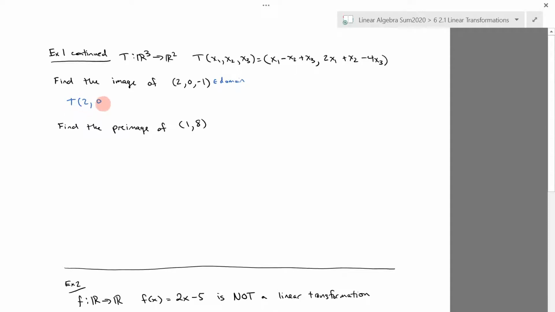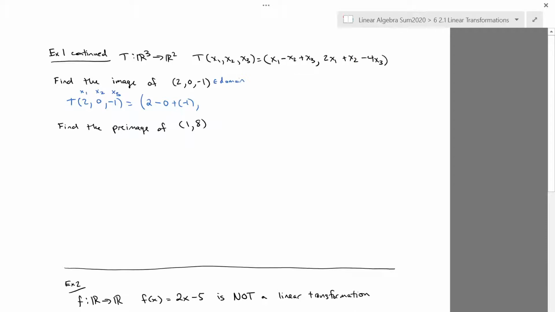Right, so T of 2, 0, comma, negative 1 is my x1, x2, x3. So I just need to plug it into the formula and calculate. Right, so what do I get? So x1 minus x2 plus x3, which is going to be 2 minus 0 plus negative 1. And then 2x1 plus x2 minus 4x3.